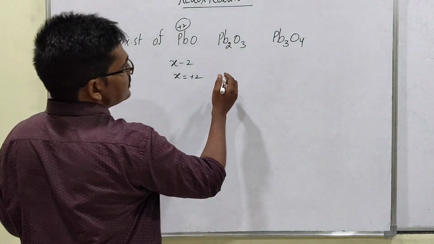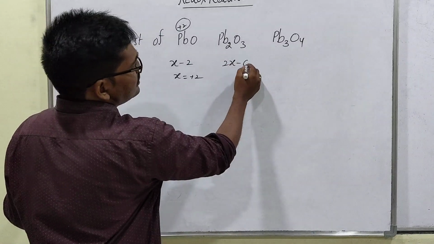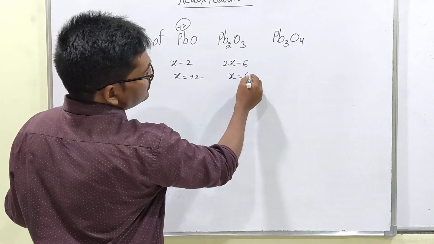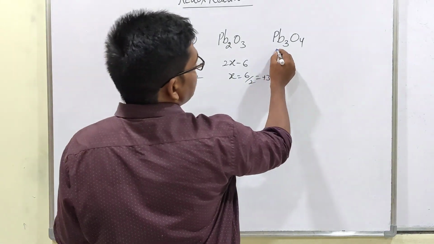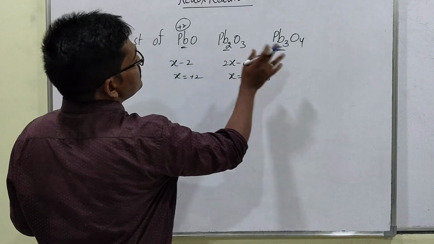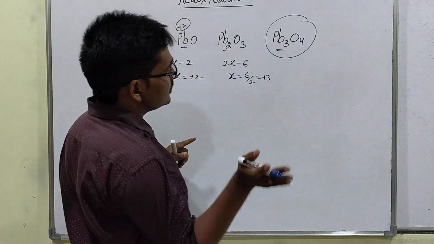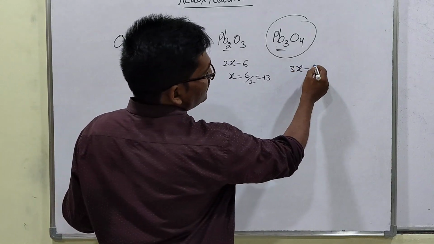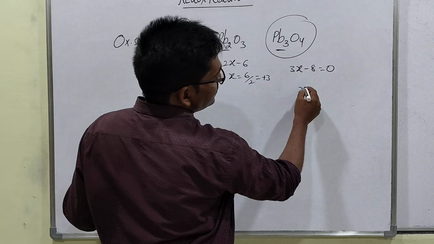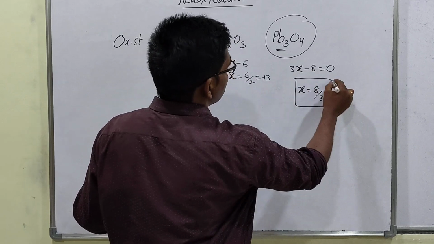Then what about this? 2x minus 6 equals 0, then x equals 6 by 2, so you get plus 3 oxidation state. Then what about this? If you use this formula, 3x minus 8 equals 0, then x equals 8 divided by 3, you get the average oxidation state.